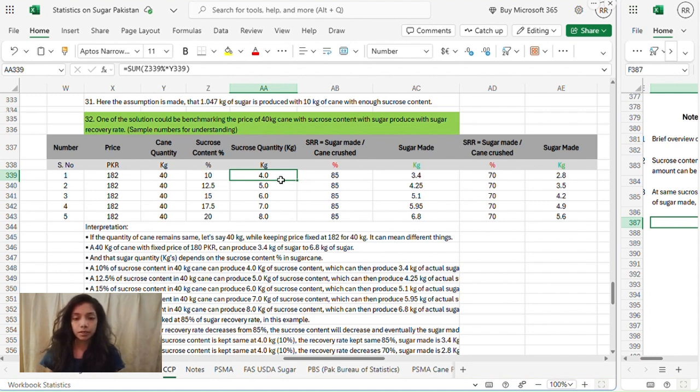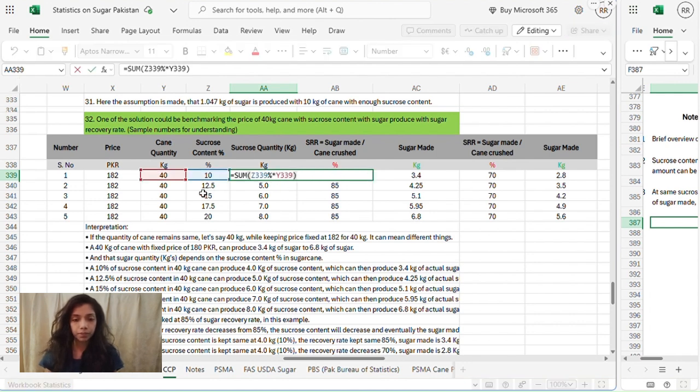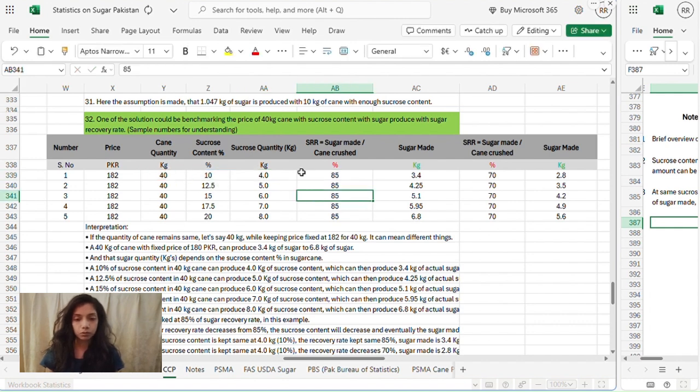So let's say here the sucrose quantity, how we found it: simply multiplied sugarcane quantity with the sucrose content percent, and we got the sucrose quantity. So it's 4 kg of sucrose for 10% of sucrose content. And that 10% of sucrose content is not for the whole 40 kg, but for every kg, for every cane stick. So if we put 40 here and we see 10% of sucrose content in it, then we can find out the sucrose quantity.